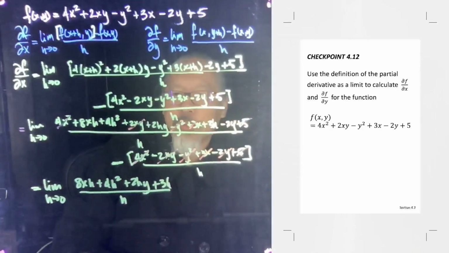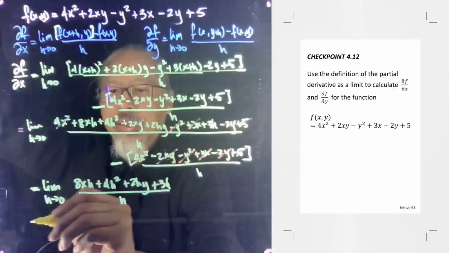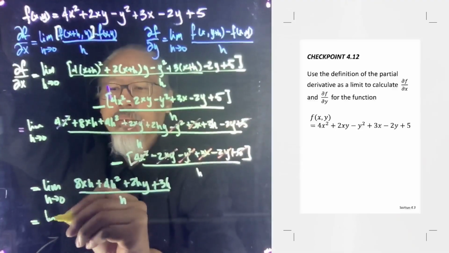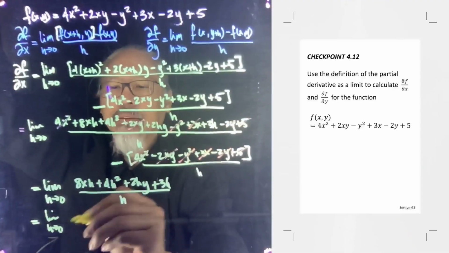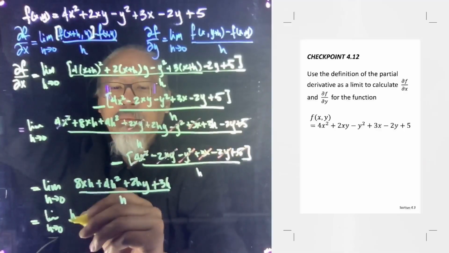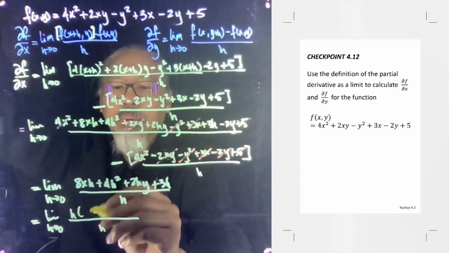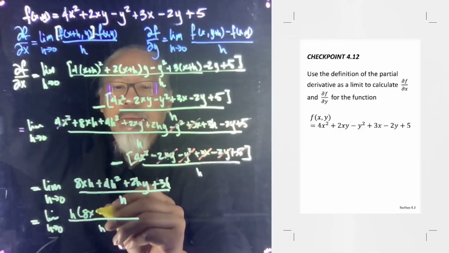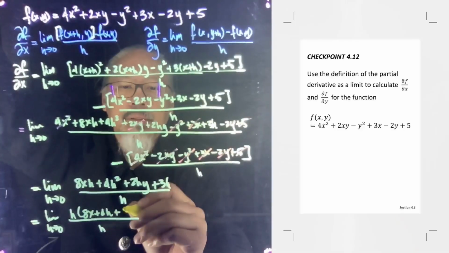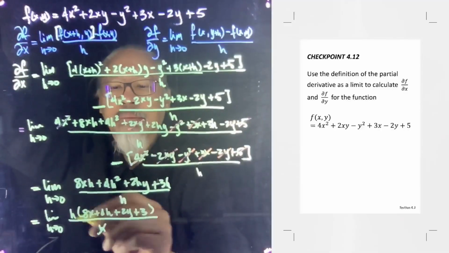Now everything in the numerator has an h in it. So we'll take the h out, and that would cancel with the h in the bottom, and we would have left 8x plus 4h plus 2y plus 3 with the h taken away.